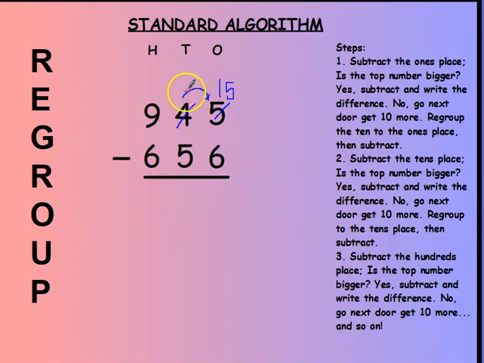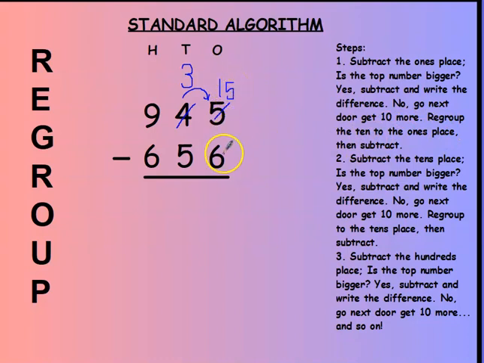But how many 10s did I leave over here? If I took a 10 and I brought it to the ones place, I left 3 10s here. That's very important for you to remember. So you've got to make sure you do all of that labeling correctly and you do each step. So it says regroup the 10 to the ones place and then subtract. So here we have 15 ones now.